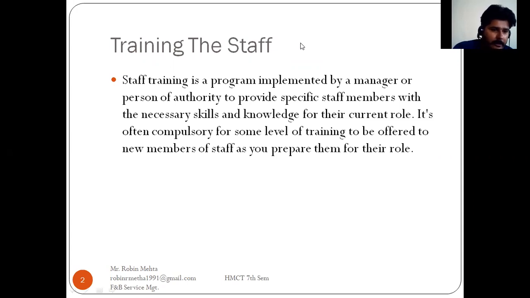So staff is given training to prepare them to fit into their role.